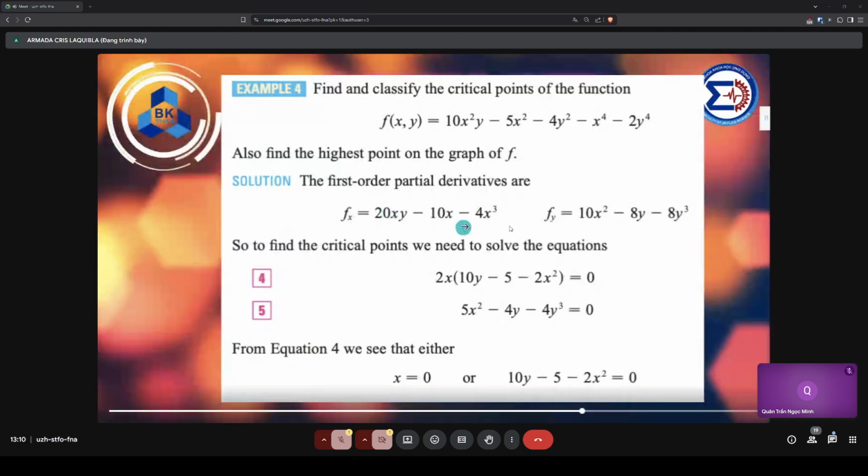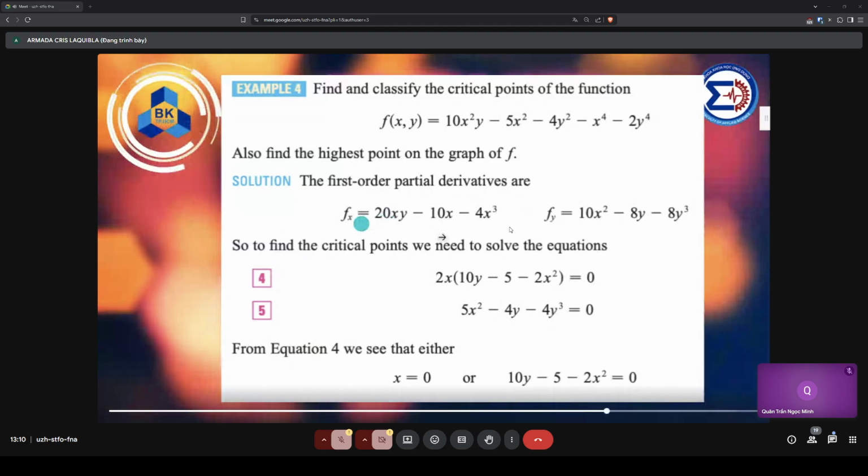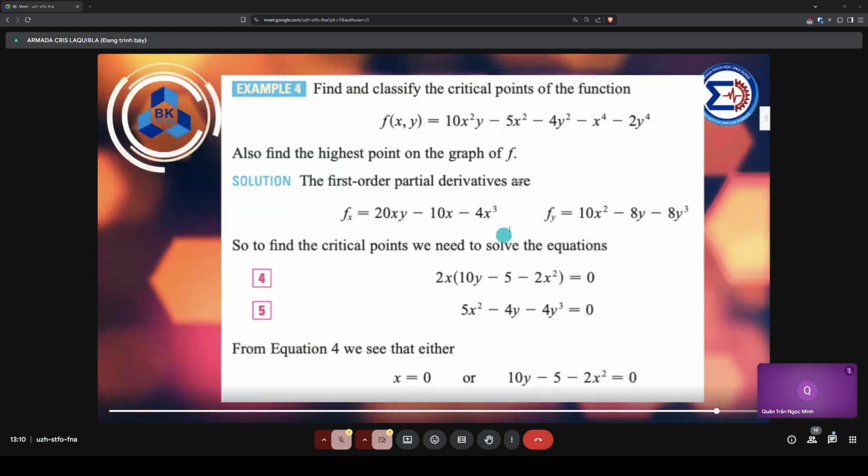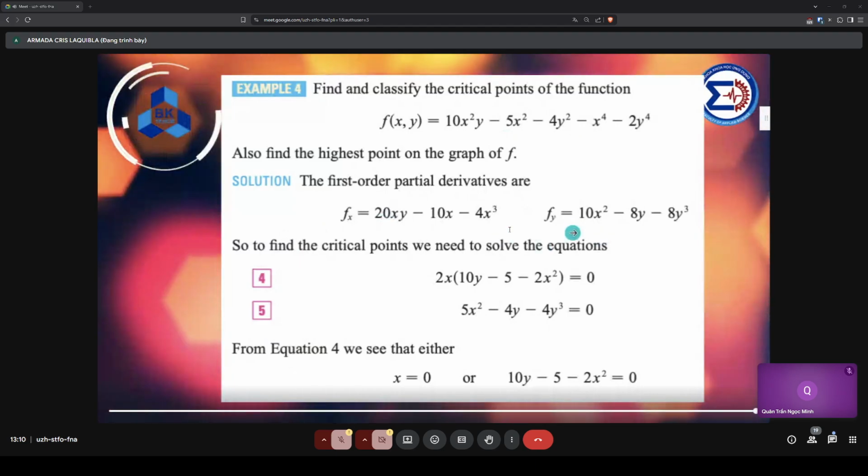Solution. The first order partial derivatives are this one, fx and fy. From this one, class, you take the first derivative with respect to x and with respect to y. So I will not discuss that in detail anymore. You try this. This is correct. Next, to find the critical points, we need to solve the equations.